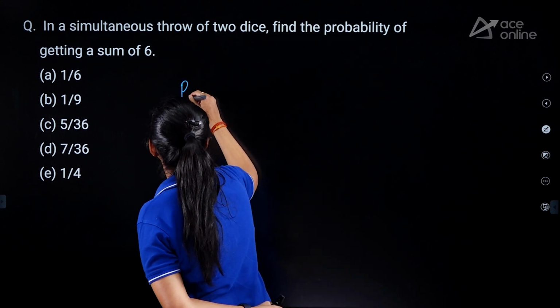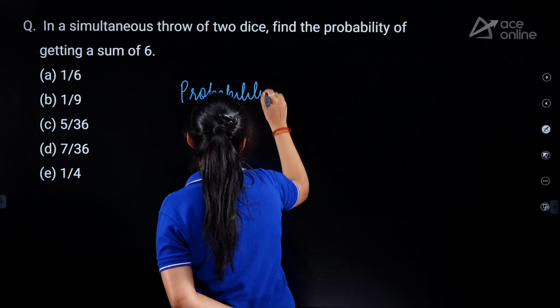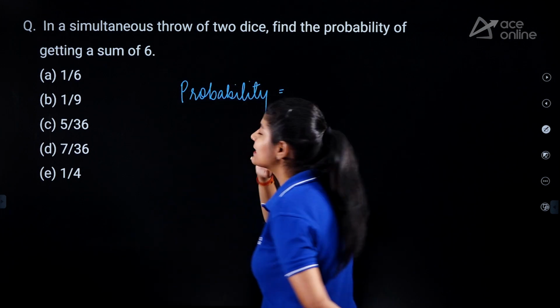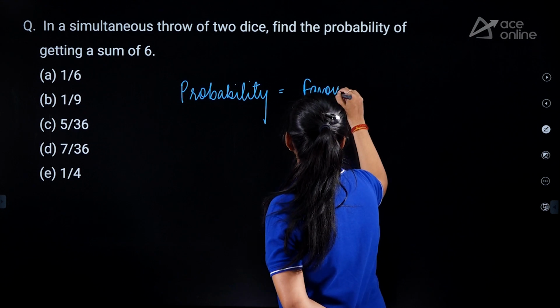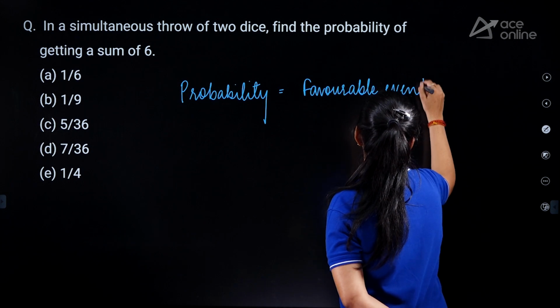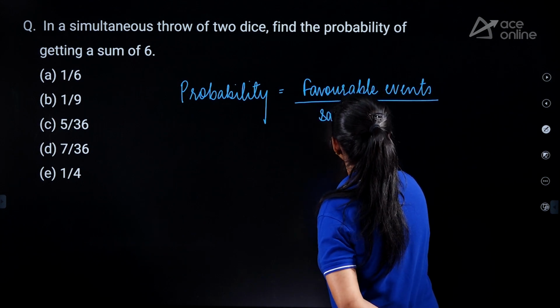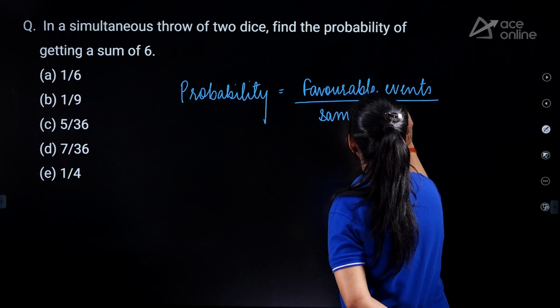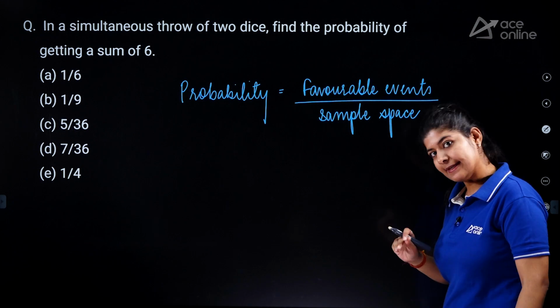So whenever we have a question from probability, this is equal to the favorable events divided by the total sample space. Is it clear?